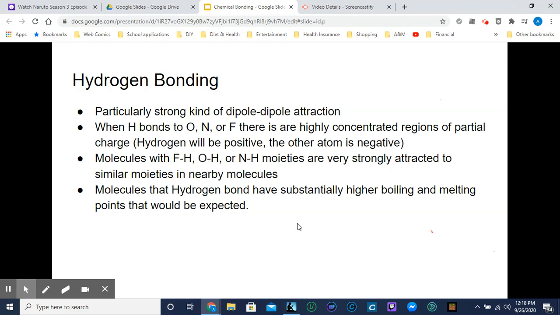Okay. So those dipoles are going to strongly attract to nearby molecules that have the opposite dipole, and we call that hydrogen bonding. Anything that hydrogen bonds has a much higher boiling and melting point compared to something that was just doing a dipole-dipole attraction, or something that was having a London dispersion force. But it's specifically when hydrogen bonds with fluorine, oxygen, or nitrogen.